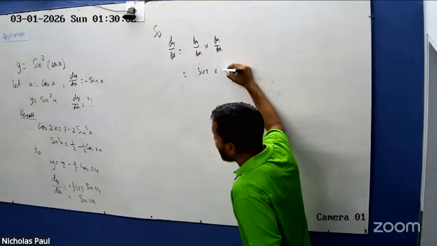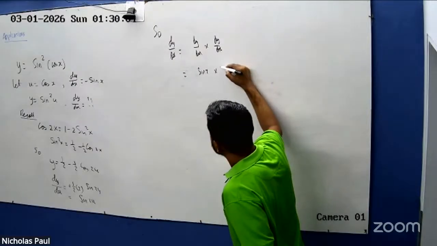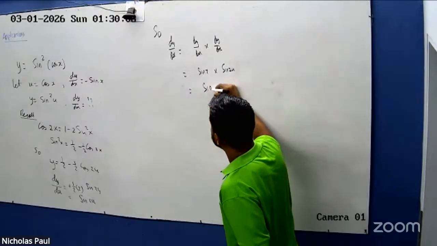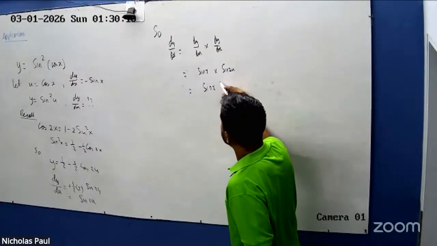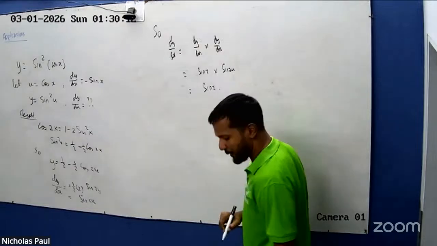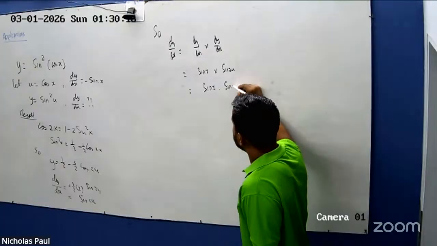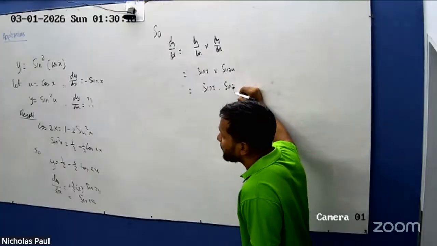So that will be sine 2u multiplied by sine x.